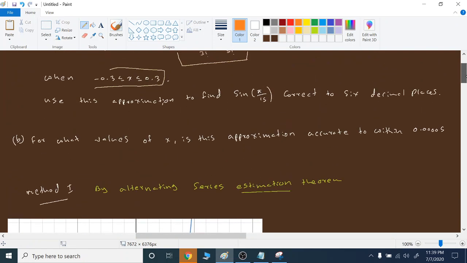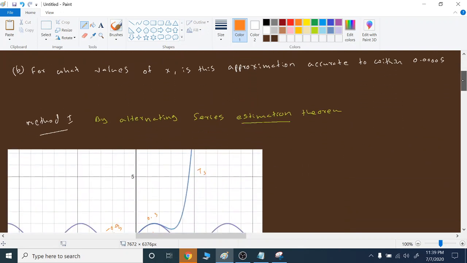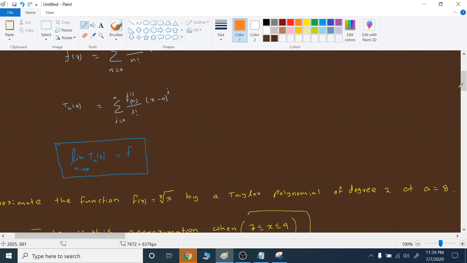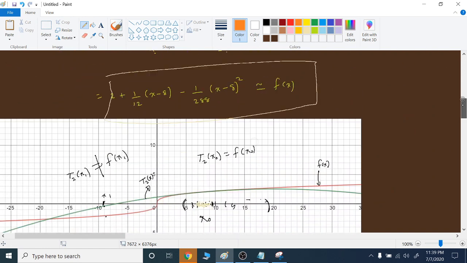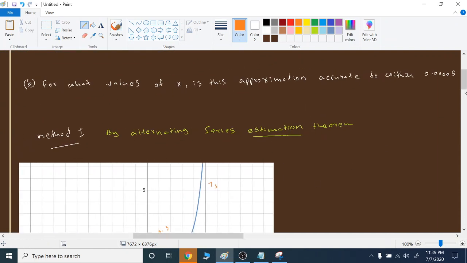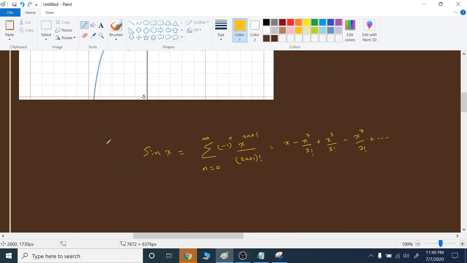Within this sort of range, you have a very good behavior for the fifth degree Taylor polynomial, right? Okay, so now how do we find the maximum error that it can cause? For that, remember in the previous question we used that inequality, which is this one. But here what we are going to do is notice some other property in this given equation, and for that we will need the Taylor series or the Maclaurin series of sin x.